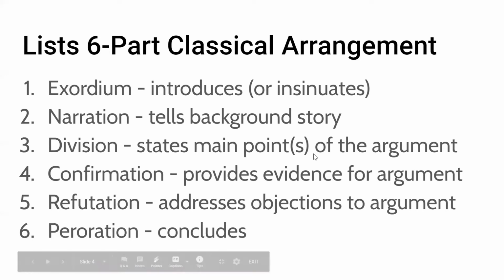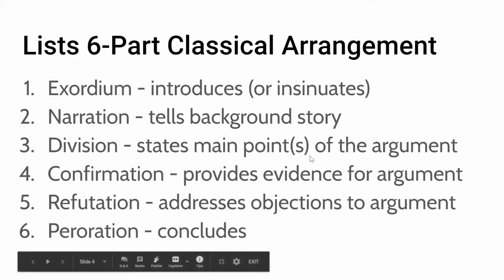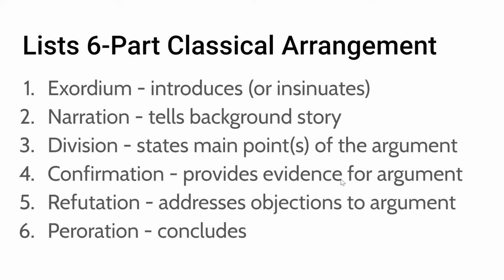So basically, the exordium is the introduction, or if you're going to be indirect, he says it's the insinuation. The narration tells the background story. The division states the main points of the argument. The confirmation provides evidence for the argument. The refutation brings up and then addresses objections to the argument. And then the peroration concludes.